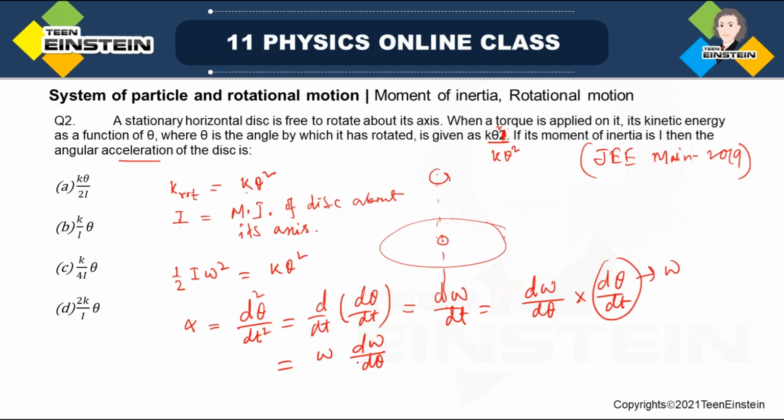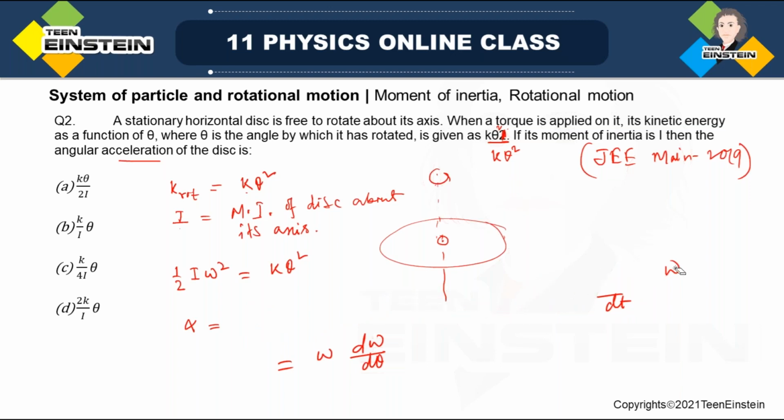That's why I'm pushing this towards this. So angular acceleration is omega d omega d theta. If somehow we can find the omega value and this d omega d theta, then we will be able to find angular acceleration.